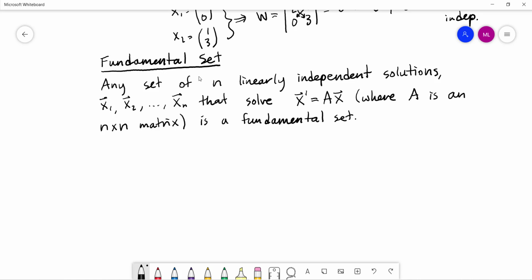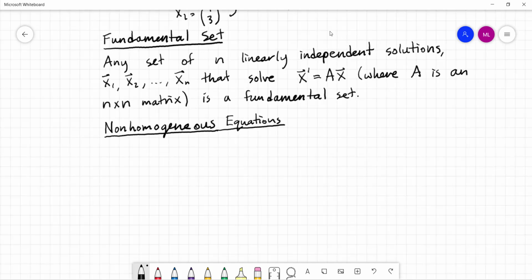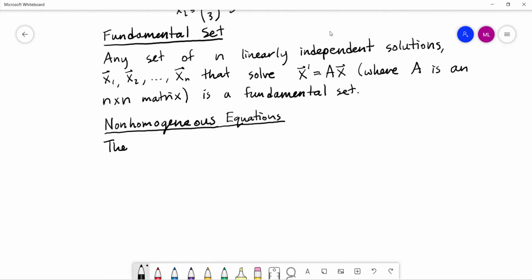I will also just mention, what do we do if there's a non-homogeneous equation? Notice all the equations that we've talked about so far take this form, x prime equals Ax. Those are the ones we talked about, the superposition, all that good stuff. Well, what happens if it's non-homogeneous equations that we're dealing with? It turns out the general solution to these will be put together in the exact same way that we did for second order equations.